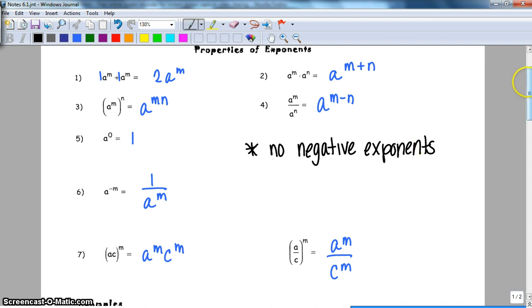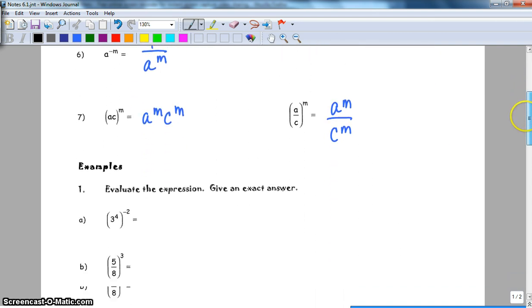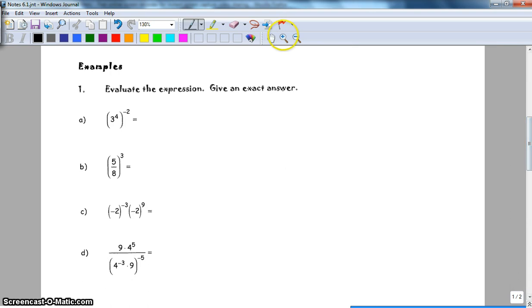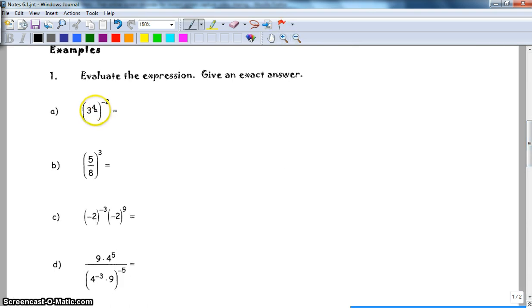Alright, so let's give some of these a try. We are going to give an exact answer. So here we will do 4 times negative 2. This is 3 to the negative 8th power. Because we have a negative exponent, it must be brought to the denominator. And our rule is going to be, we are going to write out numbers that are 4 digits or less.